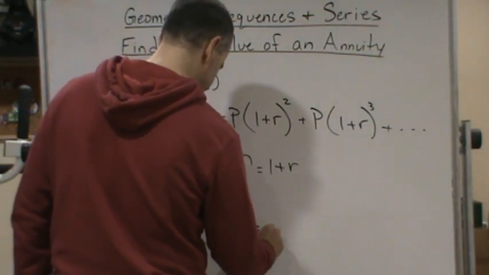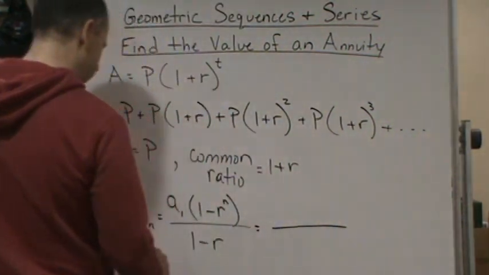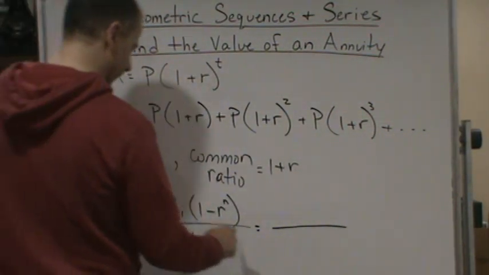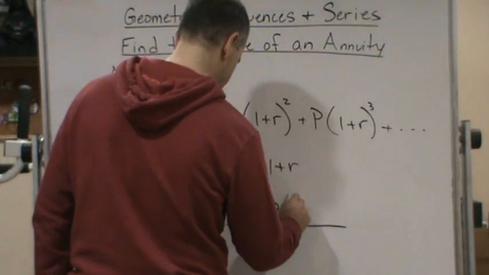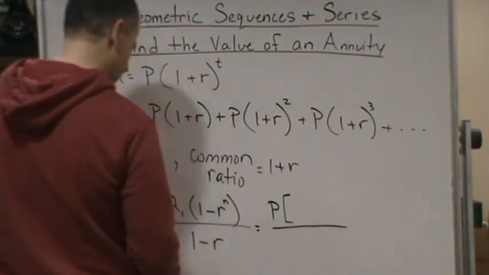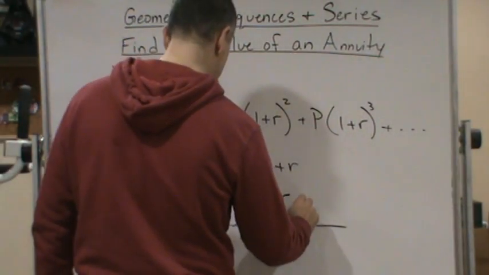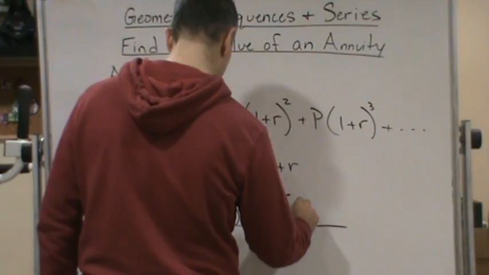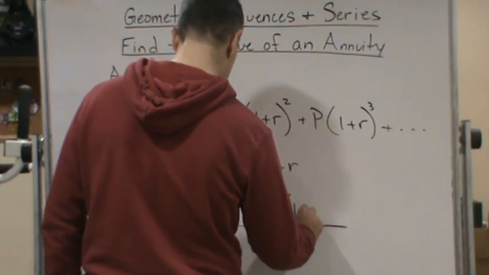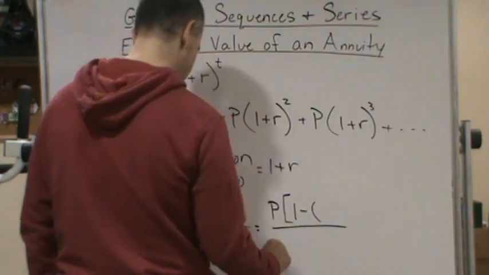So when we replace things, we're going to get what? A1 is P, so we get P times, and then this is going to become 1 minus the quantity.